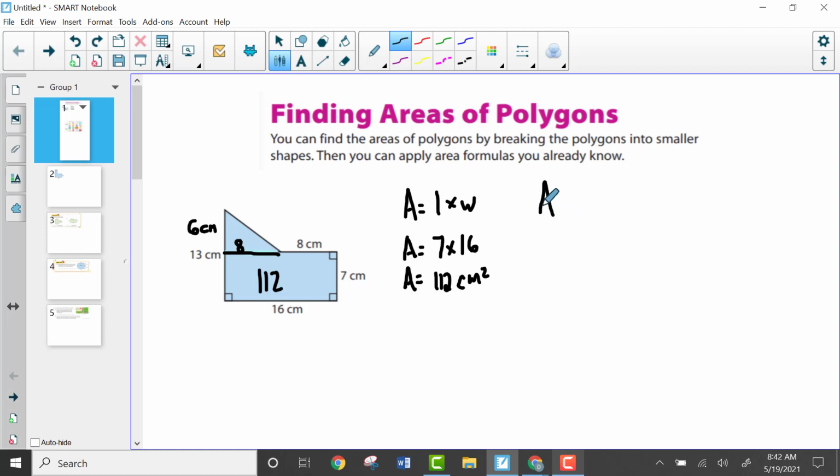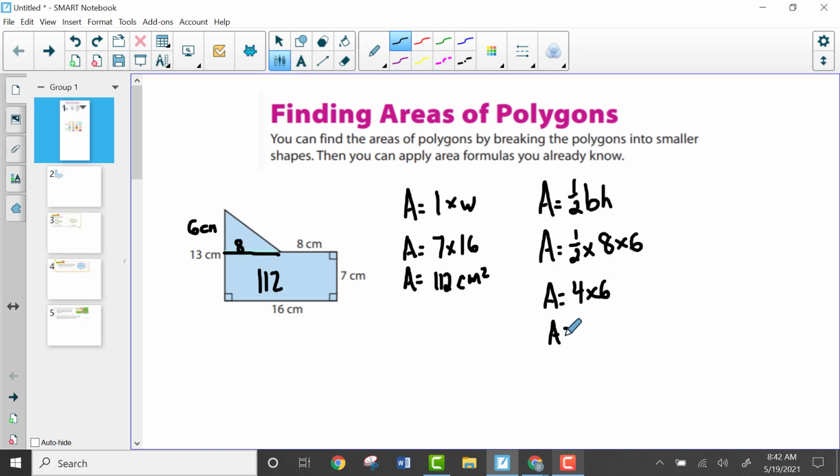We know the formula for a triangle: area equals 1/2 base times the height. We plug in our numbers: area equals 1/2 times the base, which is 8, times the height, which is 6. 1/2 times 8 is 4, and then bring down our 6 again.